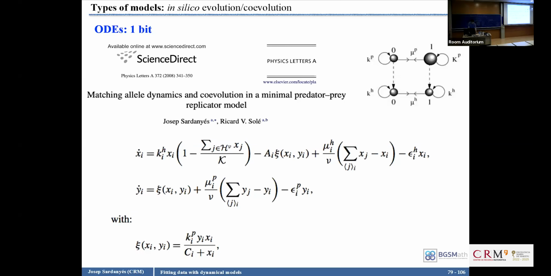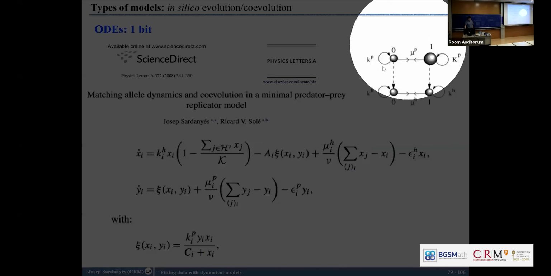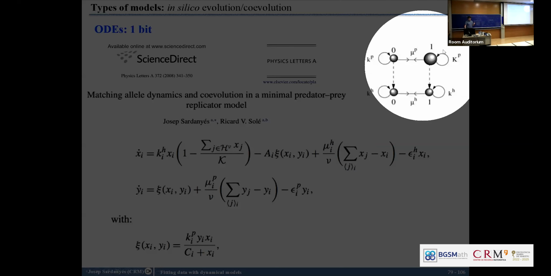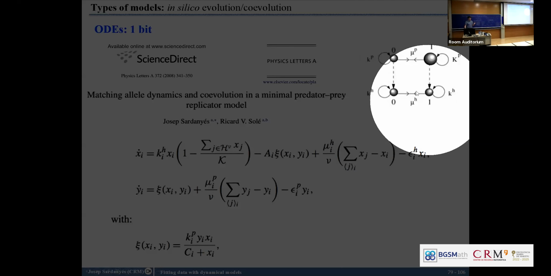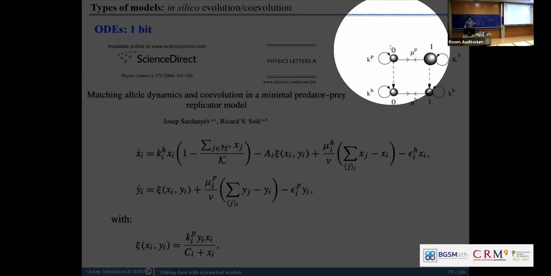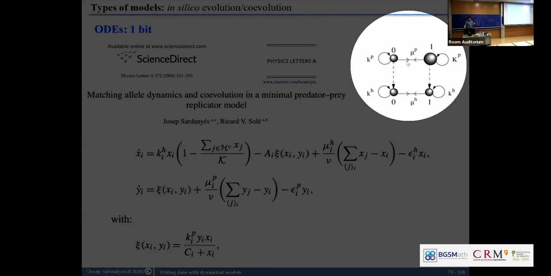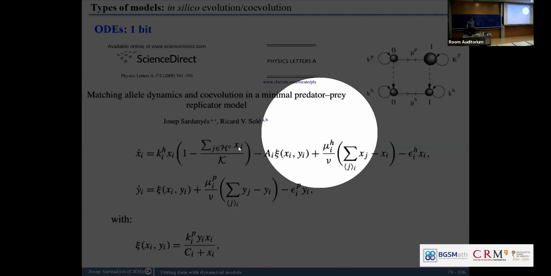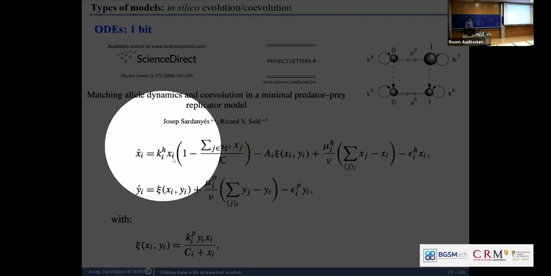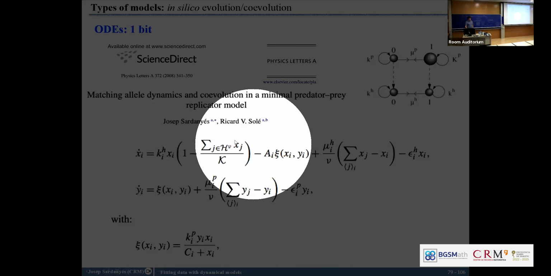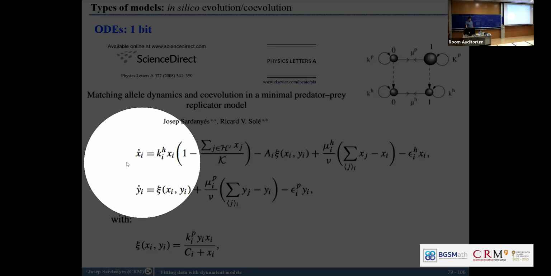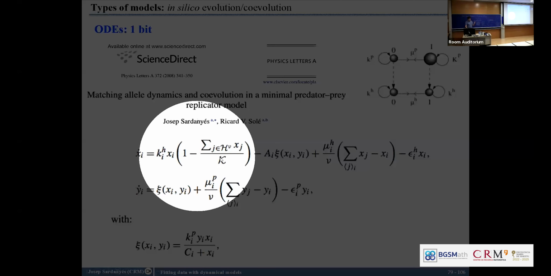Here we have this very simple system with 1 bit, 0 or 1. This is the predator, and this is the host, the prey, okay? So these species reproduce and the predators consume the same bit. And this is the model. It is very simple. This is a logistic growth, like a predator-prey model. This is the logistic growth of the sequences, where I is 2.